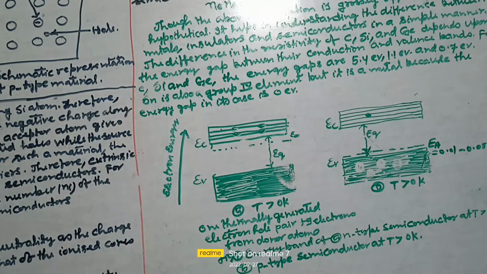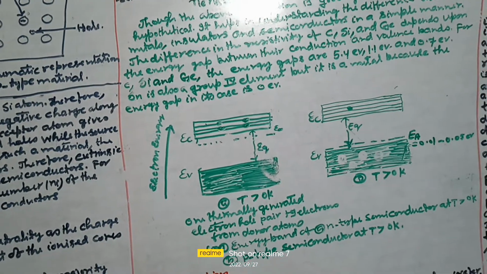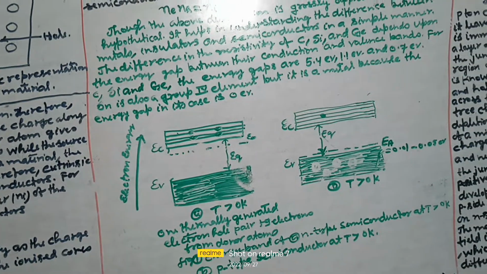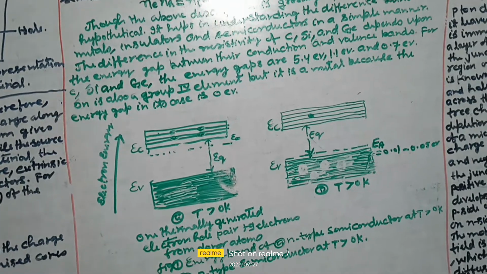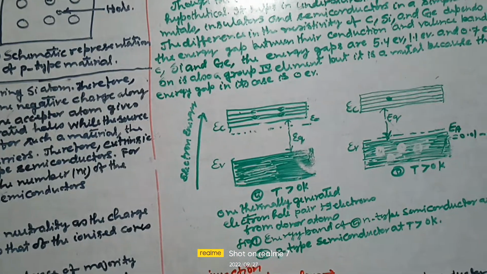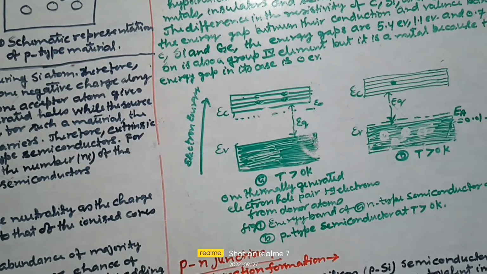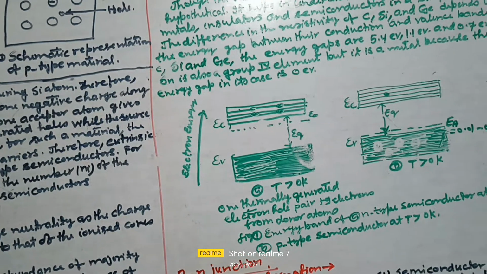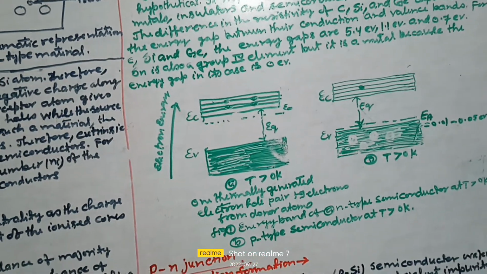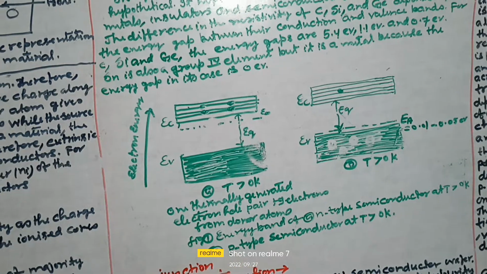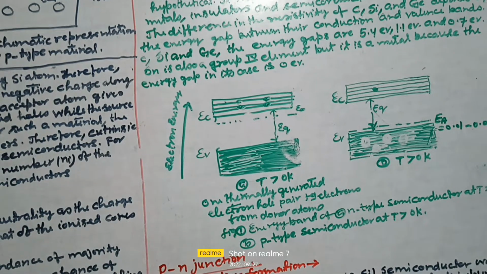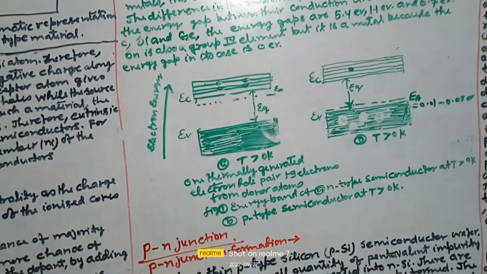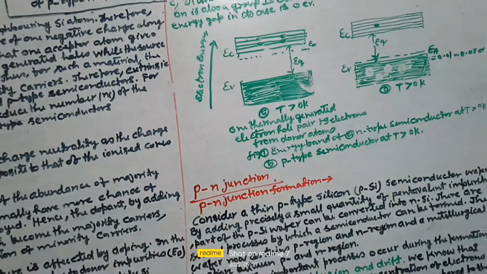For C, Si, and Ge, the energy gaps are 5.4 electron volt, 1.1 electron volt, and 0.7 electron volt respectively. Sn is also a group 4 element. It is a metal because the energy gap in its case is 0 electron volt, as shown in the figure.